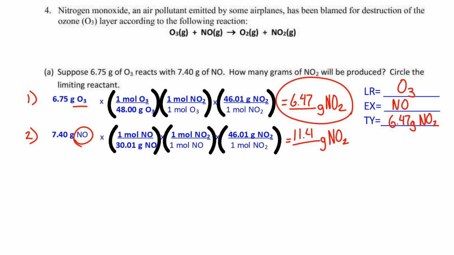It's going to get that from the air outside. The gasoline is your limiting reactant. Once you run out of gas, you don't go any further. In this case, my ozone was my limiting reactant. Once I run out of that, the reaction doesn't go any further.